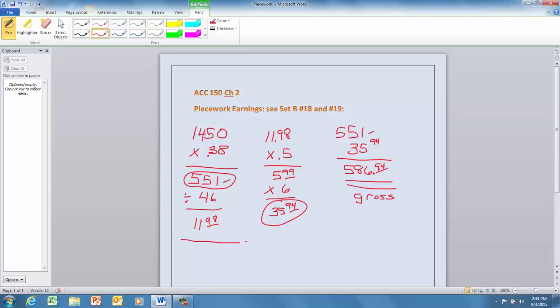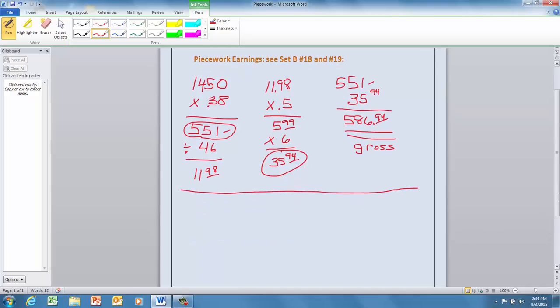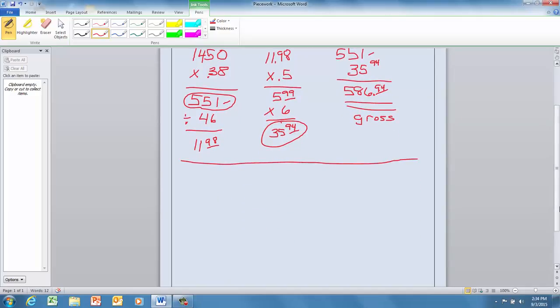Now, sometimes there is a little counter on the machine. So the machine can count exactly how many pieces Courtney made during the first 40 hours. And once Courtney had 40 hours, how many pieces Courtney made during the time that Courtney worked the 6 overtime hours.